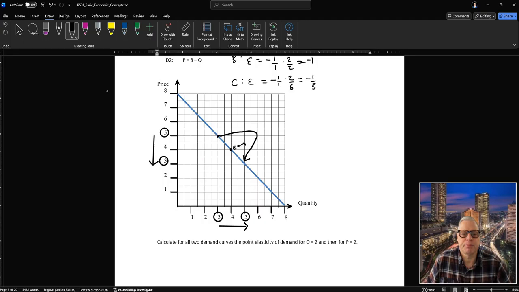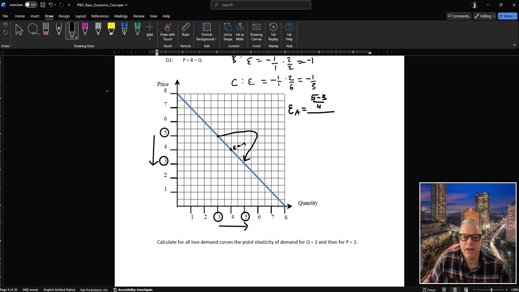Okay, so now what is the arc elasticity? The arc elasticity is the new quantity minus the old over the midpoint. So that is 5 minus 3 over 4. That's the relative change in quantity demanded.